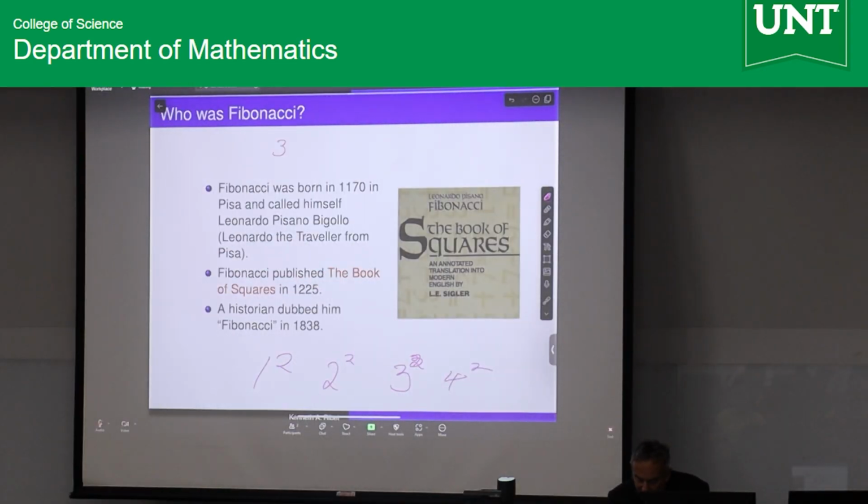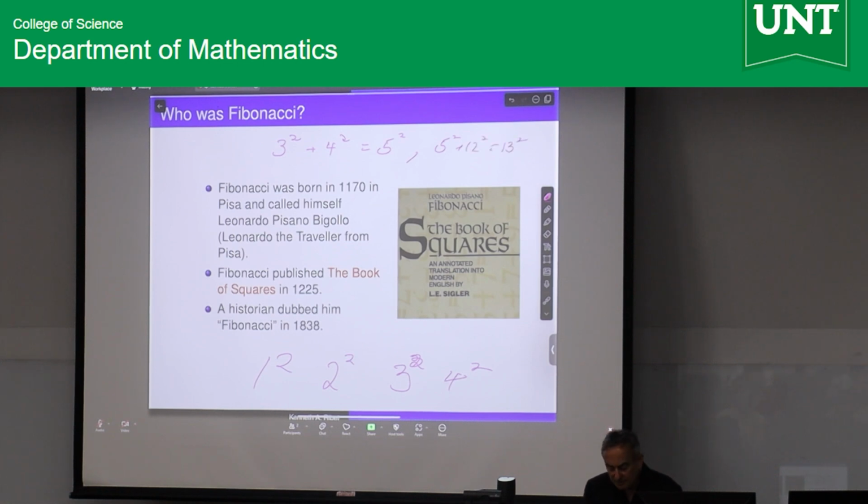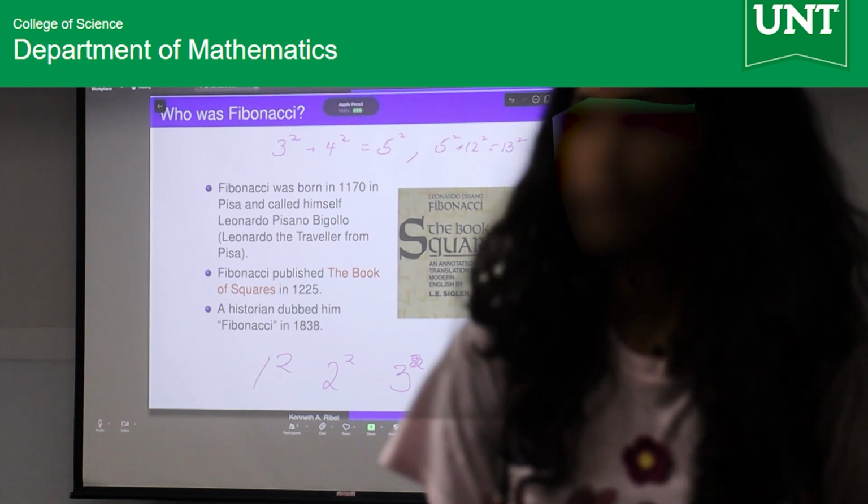Well, one thing that everyone has studied is the Pythagorean theorem, and you learn, for example, 3 squared plus 4 squared is 5 squared, and you learn that 5 squared plus 12 squared is 13 squared. So these are pretty familiar relationships.